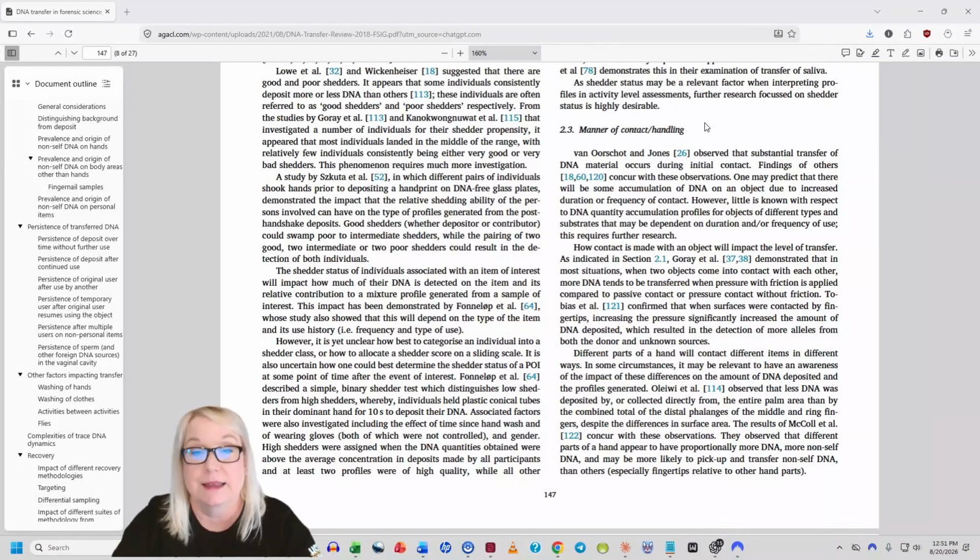One may predict that there will be some accumulation of DNA on an object due to an increased duration or frequency of contact. However, little is known with respect to DNA quantity accumulation profiles for objects of different types and substrates, that's the material, that may be dependent on duration and or frequency of use. And they say it requires further research.